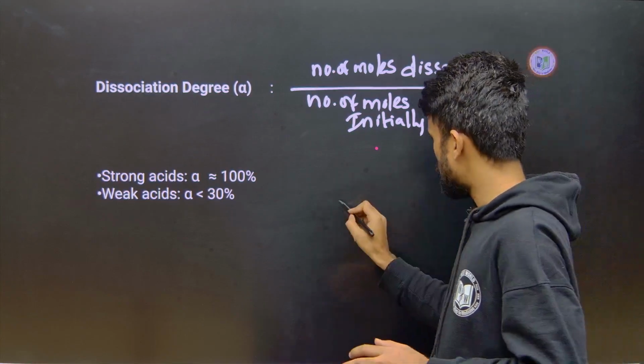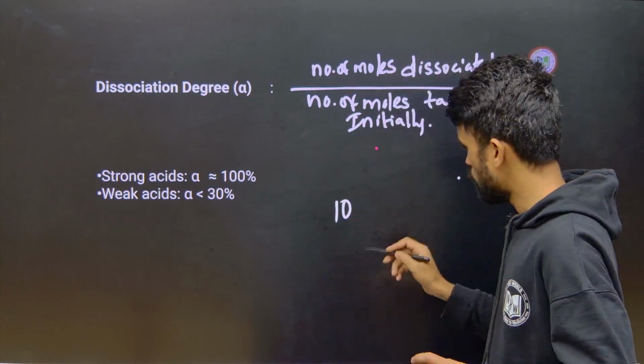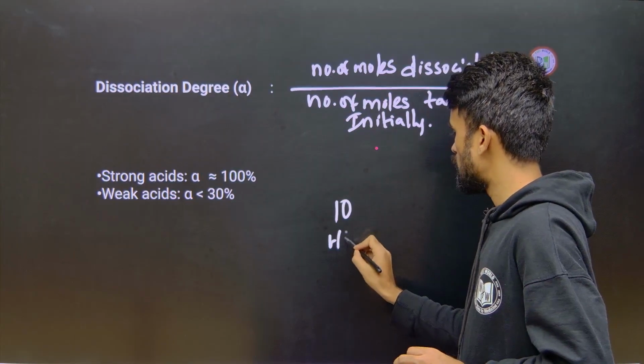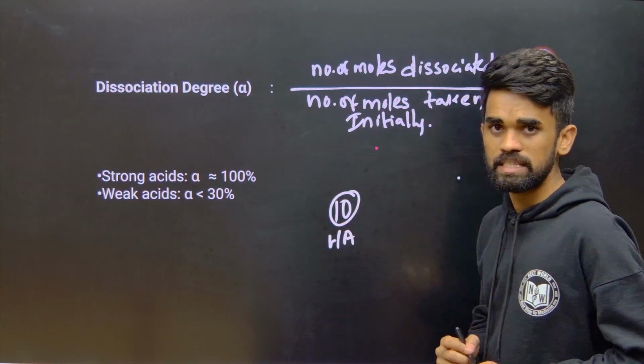Say HA is an acid and I have taken 10 moles.